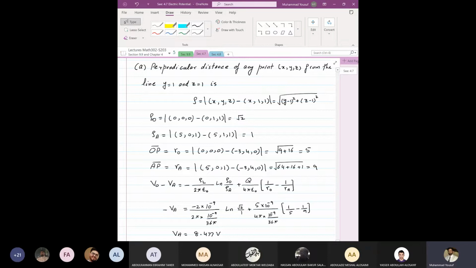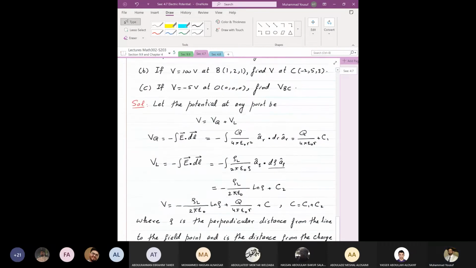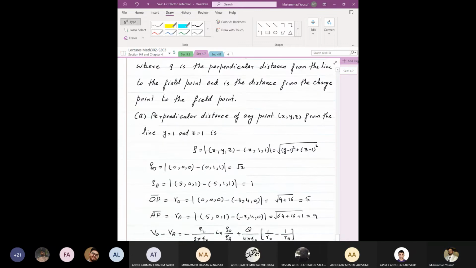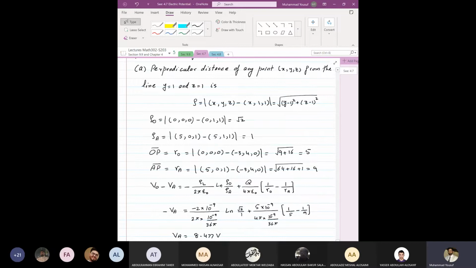The next point is 5, 0, 1, that is A, so I'm calling it rho A. Rho A is 5, 0, 1 minus 5, 1, 1. This 5, 1, 1 is a point on the line, with any x value and y, z equal to 1, 1. So this distance is 1.